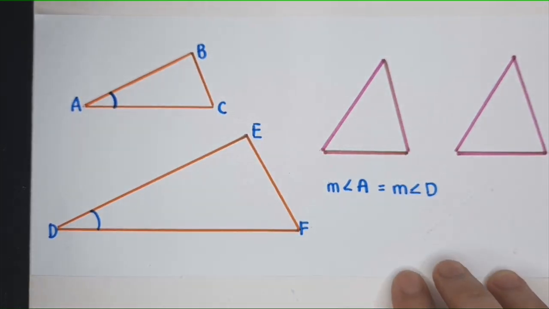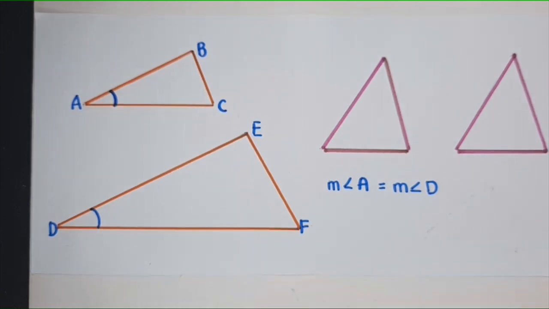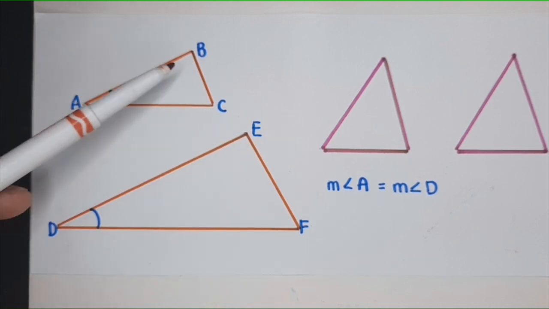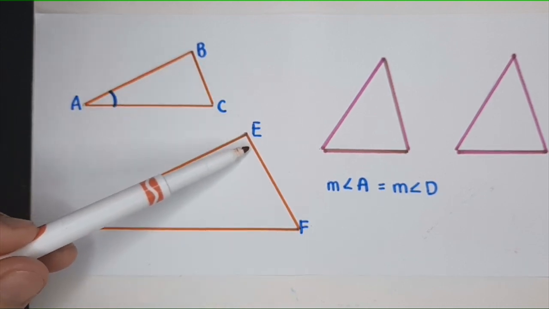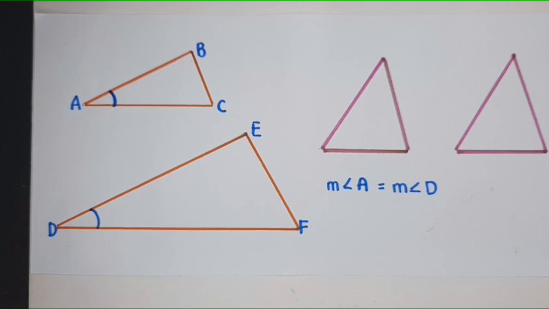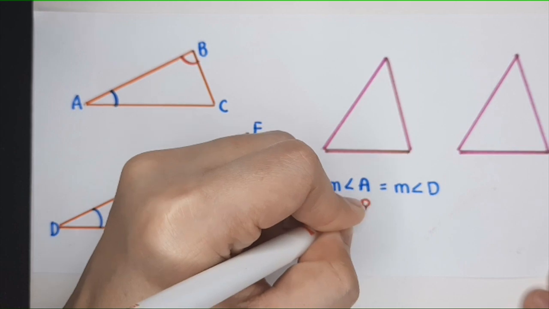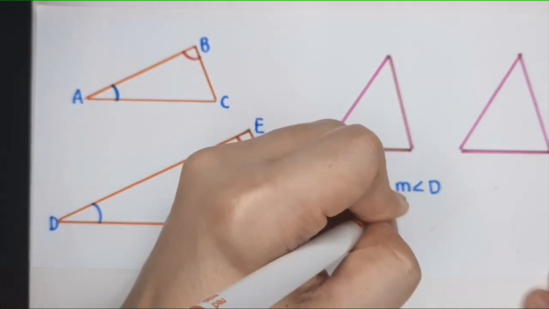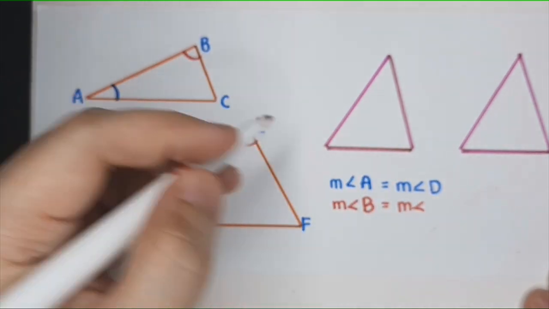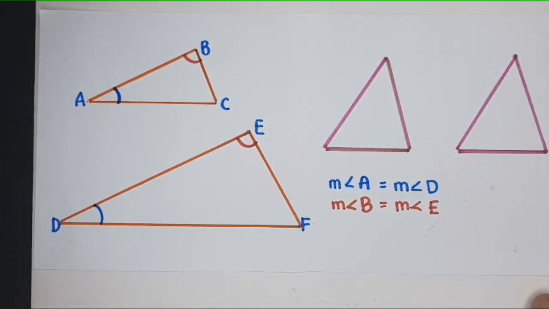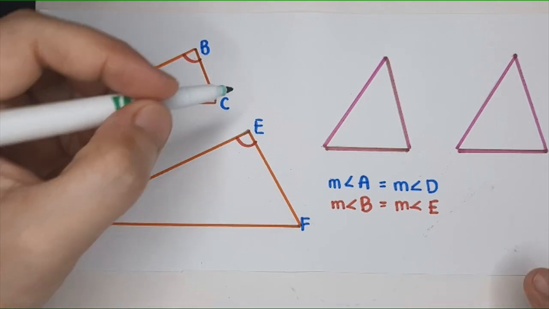Alin pa ang corresponding angles dyan? B at saka E. So, angle B and angle E have equal measures. Measure of angle B is equal to the measure of angle E. And then lastly, the third angle.